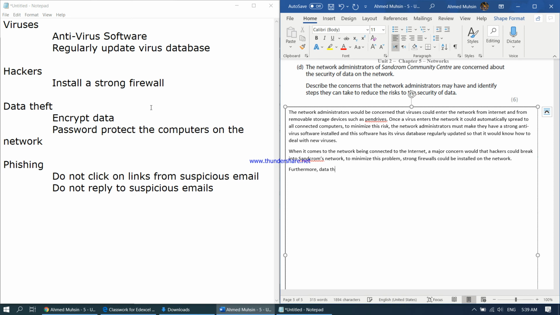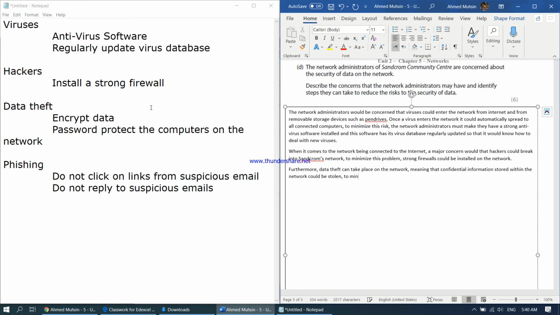data theft can take place on the network. Okay, better to explain a little bit what data theft is all about. Data theft means that confidential information stored within the network could be stolen.